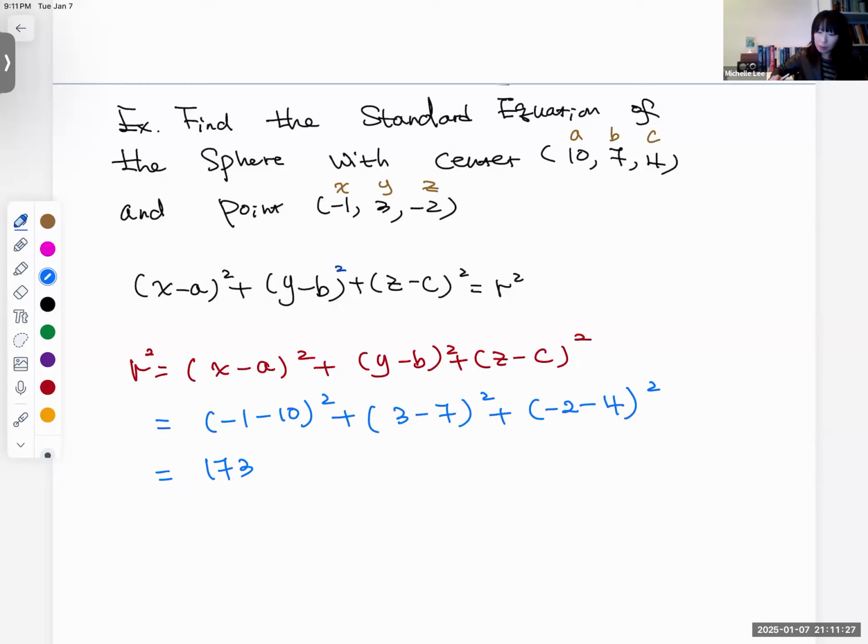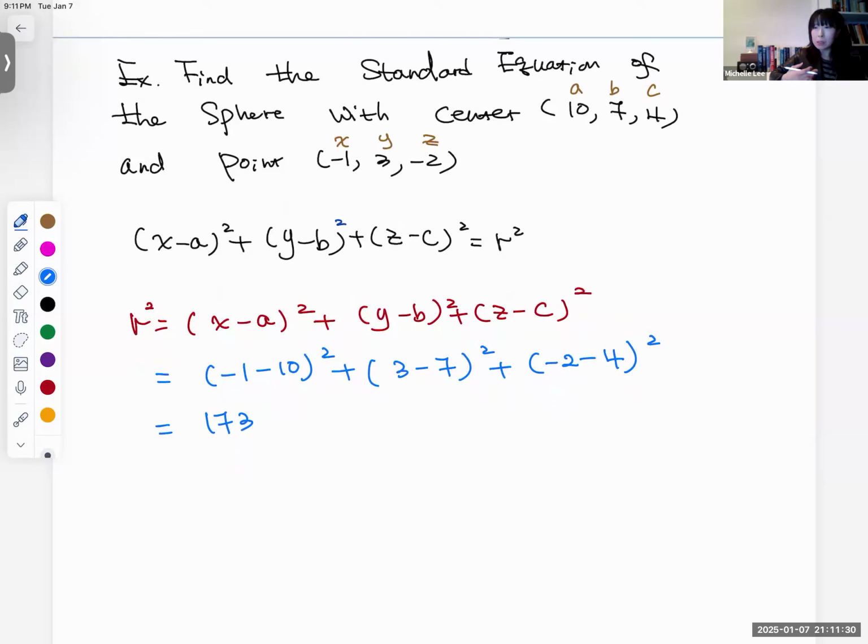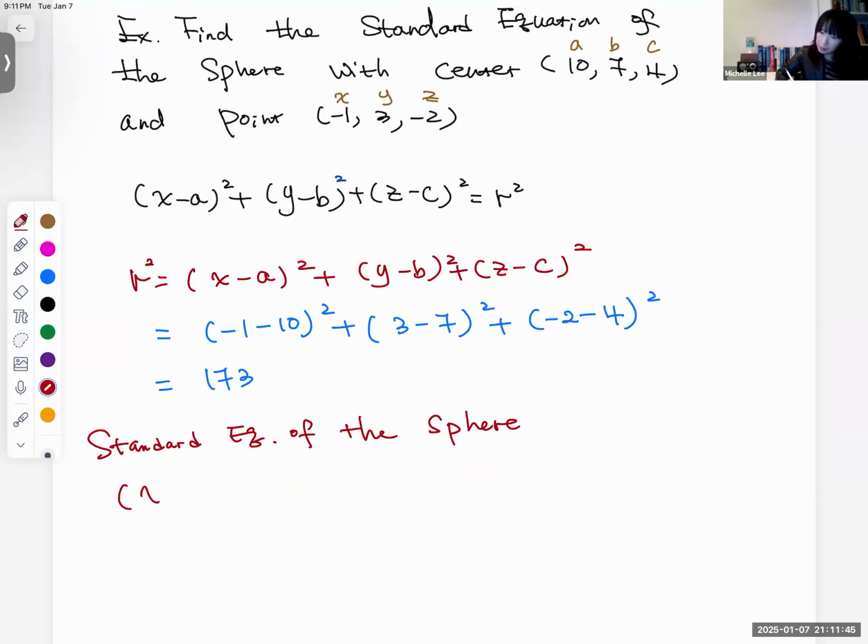Then we can write down the equation of the sphere. So the standard equation of the sphere: (x minus 10) squared plus (y minus 7) squared plus (z minus 4) squared, and r squared is 173.